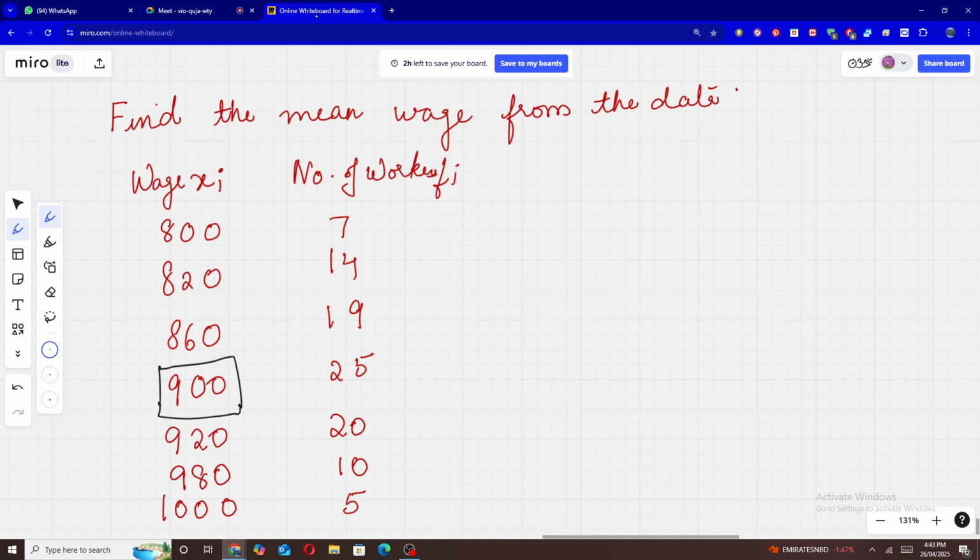fi, fi di. Very good. Don't change it, make it y. I will make it fi always. So I have to do 7 into minus 100, 14 into that. Avneeta, are you able to follow?